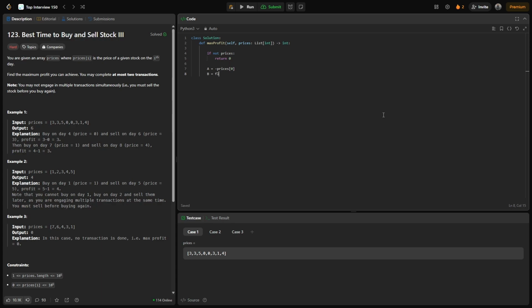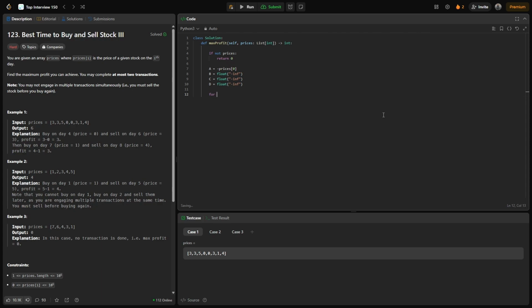So B would be float and I can say infinity. C would also be float and minus infinity. D would be float and again minus infinity.